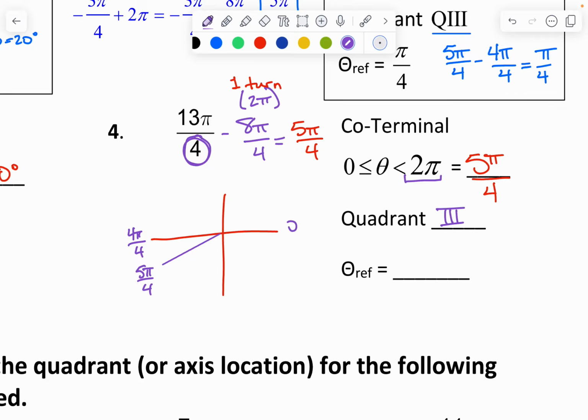If I'm in quadrant 3, I can find my reference by taking theta standard minus pi. In this case, it would be this little wedge right here. From 4 to 5 is just a single pi over 4.